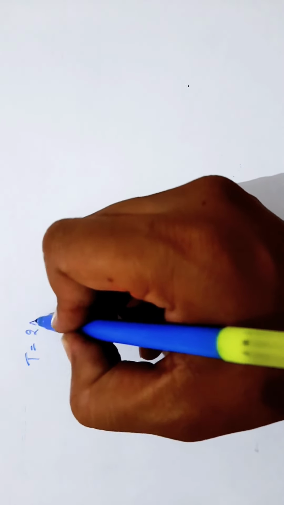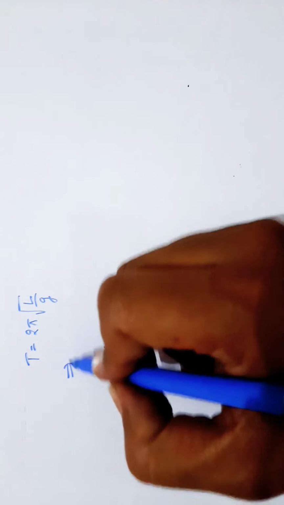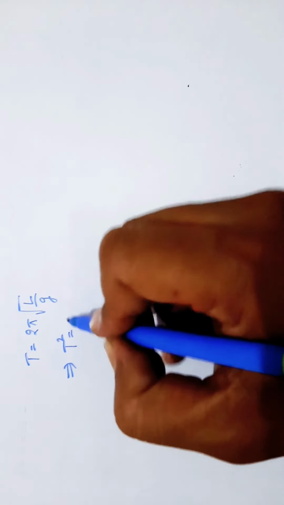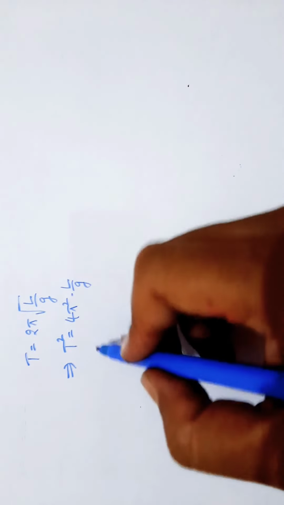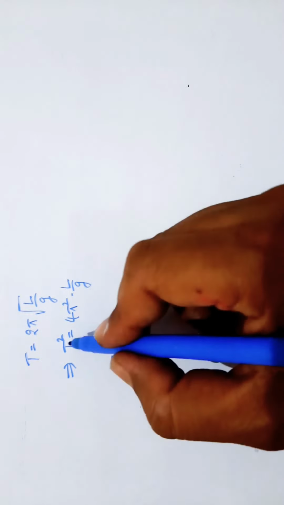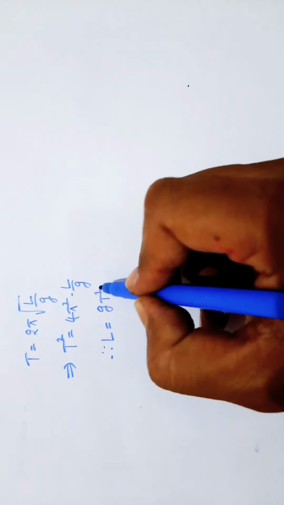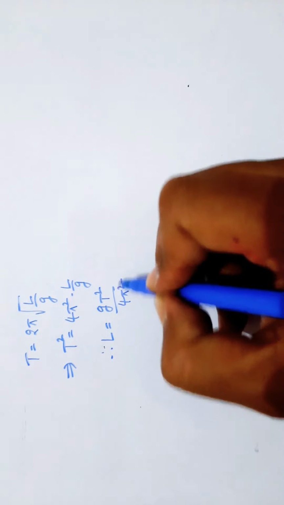Here we know the time period of a simple pendulum T is equal to 2 pi under root of L by g. So from this, T square is equal to 4 pi square L by g. So from this, L is equal to g into T square by 4 pi square.